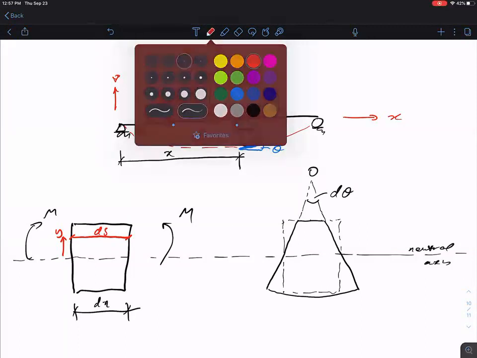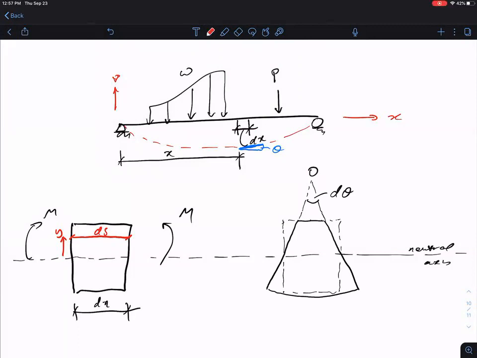Now, if we look at ds, or if we look at the location where we defined ds, which is a distance y from the neutral axis, the length of that arc has actually changed. So we'll call this ds prime.